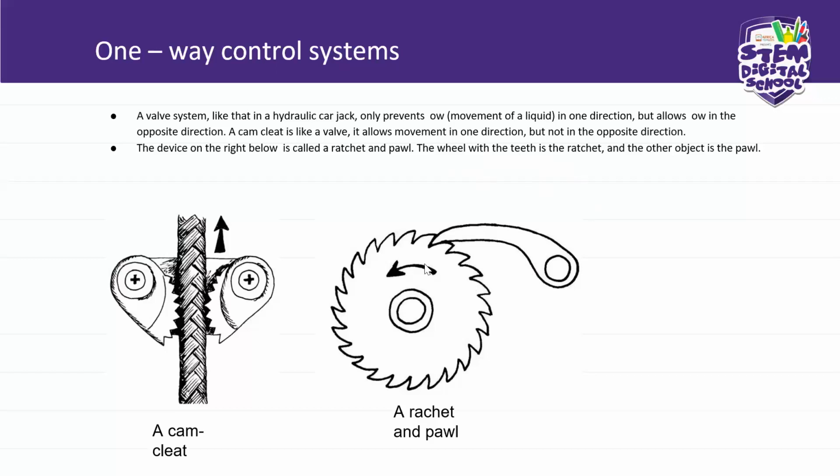With the ratchet and pawl, you can have movement in the direction of the arrow. If you try to move in the opposite direction, the pawl will stop the movement. So this is also another control mechanism. I think now you can give me examples of control mechanisms that you know, okay?